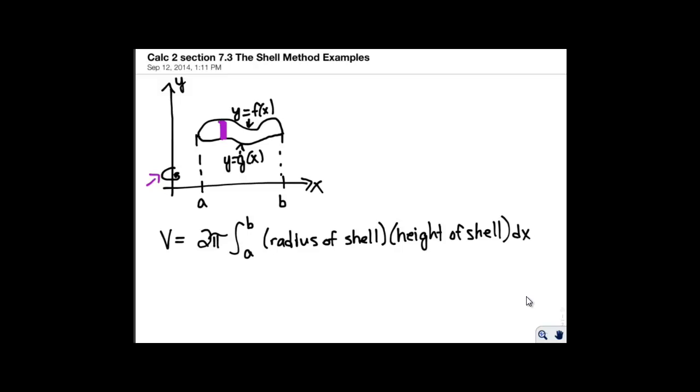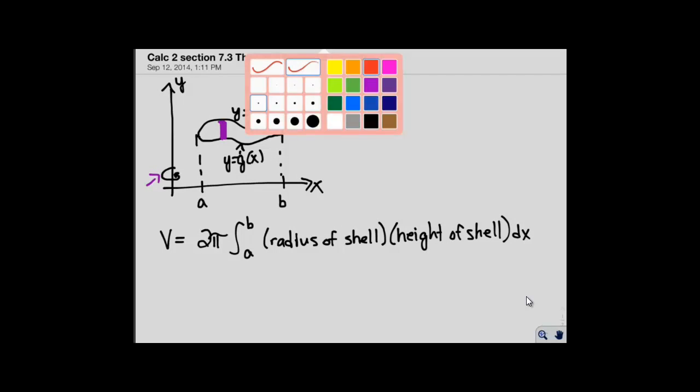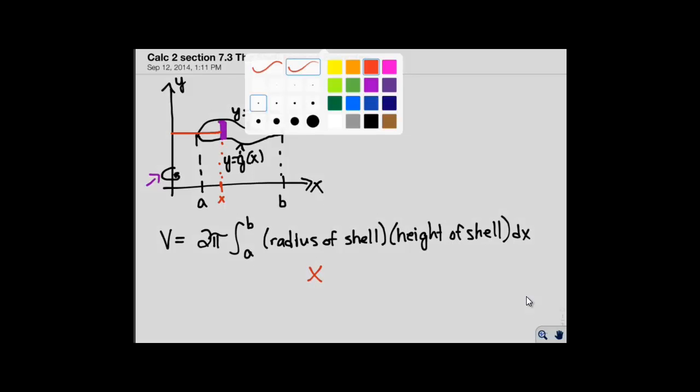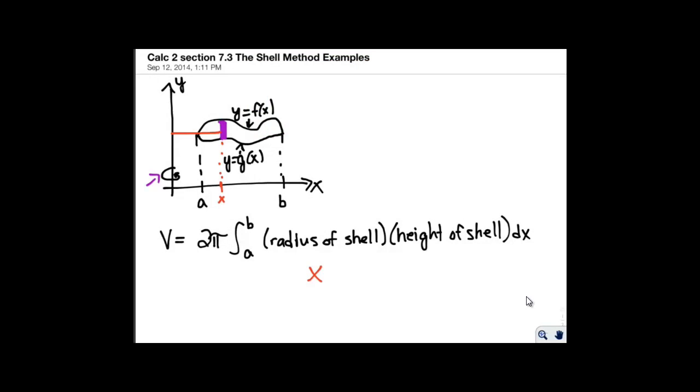So when we look at this picture in particular, the radius of my shell goes from the axis I'm revolving around out to my shell. And that distance is whatever the x value is right here. So in this case, for radius, we have x. And for the height, it's this y value up at the top minus this y value.